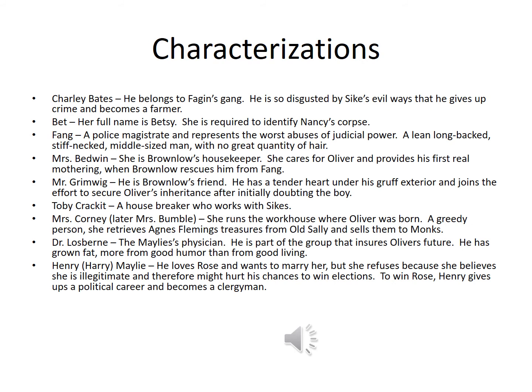Yeah. And then we have Dr. Losberne. He is a physician. He is part of the group to secure Oliver's future. He has grown fat more from good humor than from good living. And then we have Harry. He loves Rose and wants to marry her, but she refuses because she believes she is illegitimate and therefore might hurt his chance to win elections.